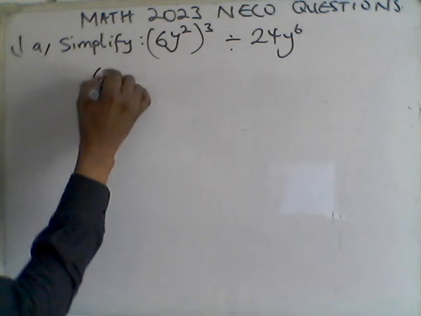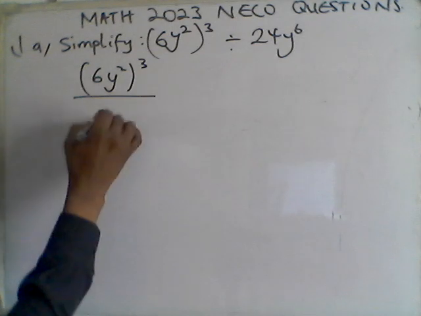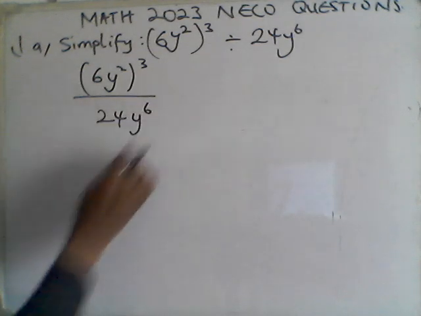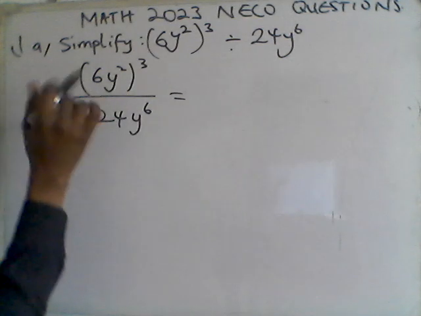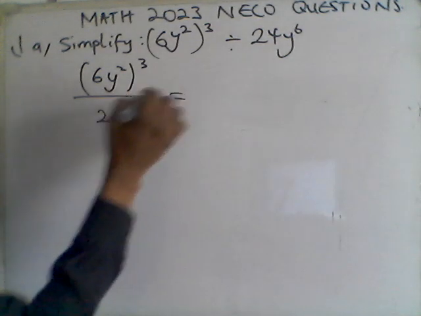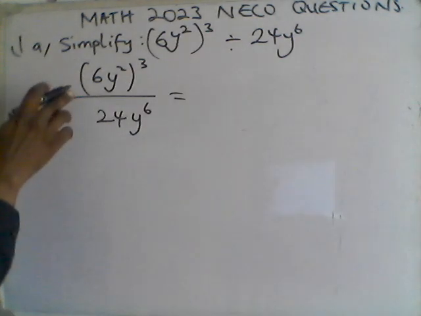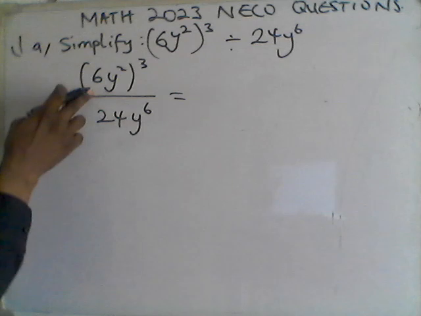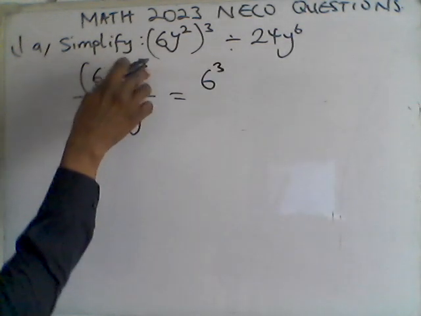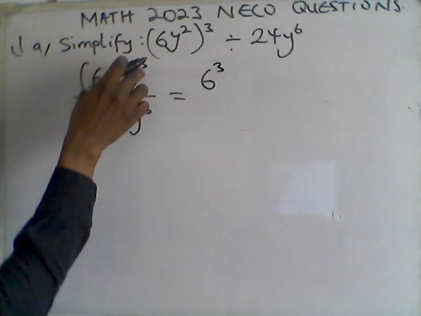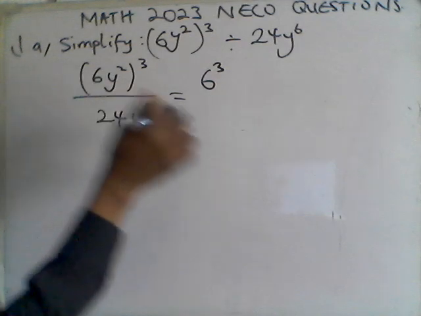I have 6y squared, then raised to power 3 all over 24y raised to power 6. So I can break this one down. This is the same thing as saying you raise the power of what you have inside here, as 6 raised to power 3, because this power 3 is acting on both 6 and y squared inside.